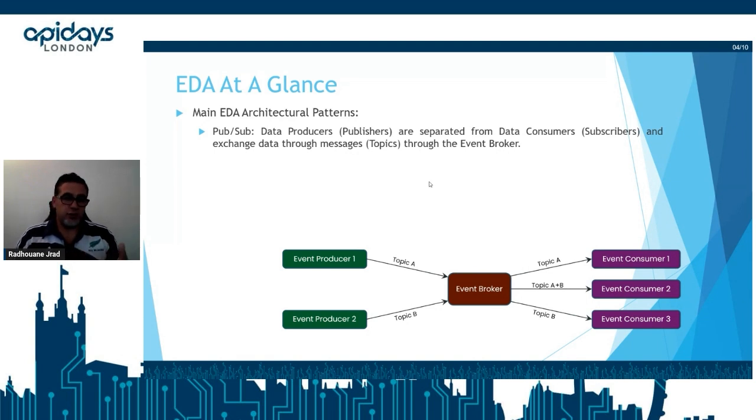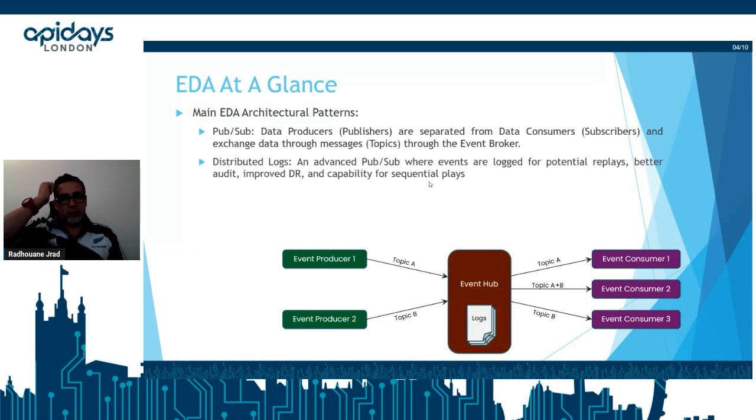So event producer 1 puts one topic, and there is a consumer listening to that topic and then pulls that message. The advantage here is that the event consumer is not pinging the event producers, and the event producer doesn't care when or if the event consumer picks that message. So that decoupling makes it quite robust.